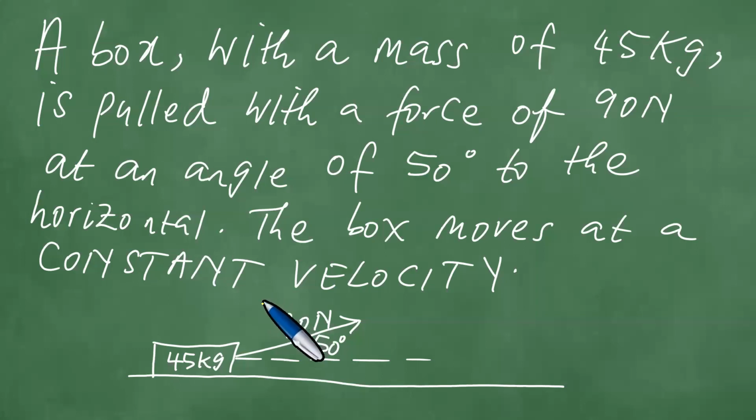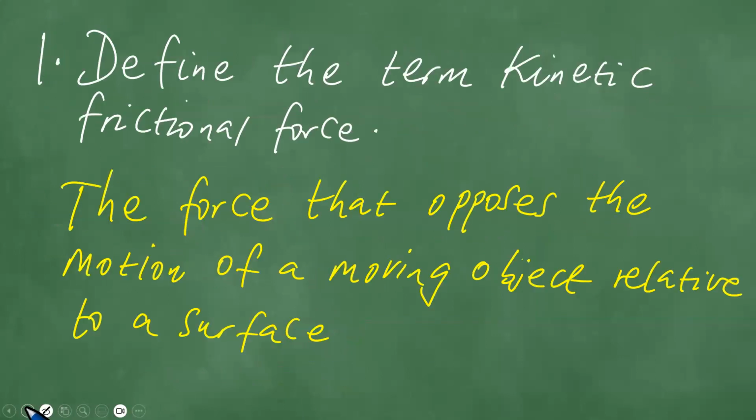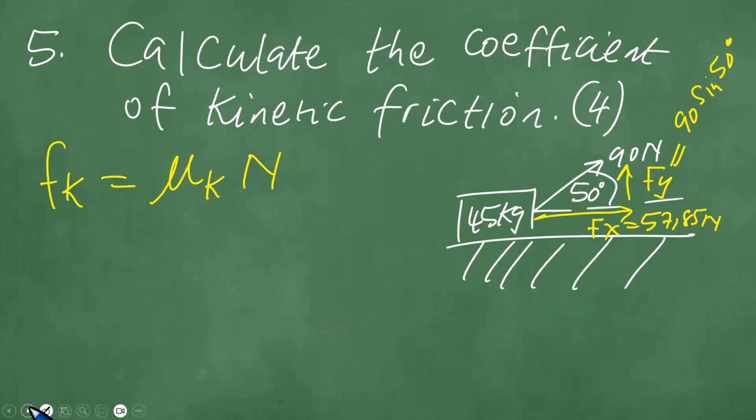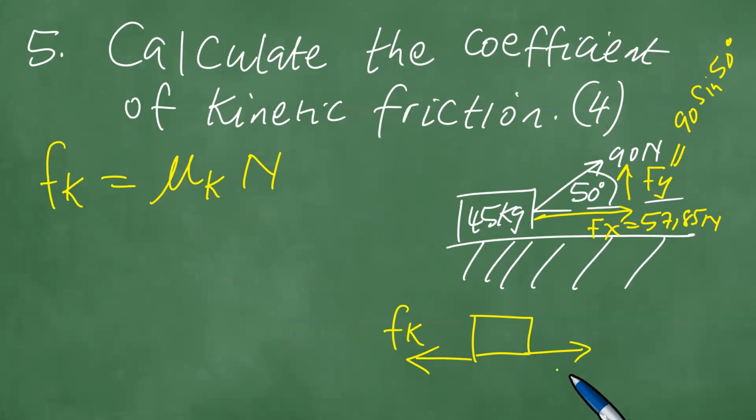Since the box moves at constant velocity, it means that the forces acting on it are in equilibrium. So if the forces are in equilibrium, it means the force of kinetic friction and the Fx are equal.